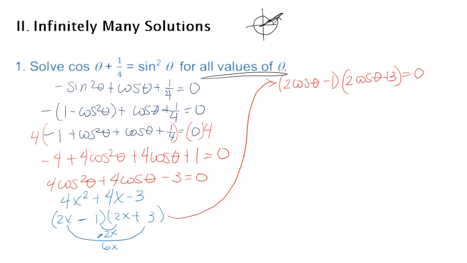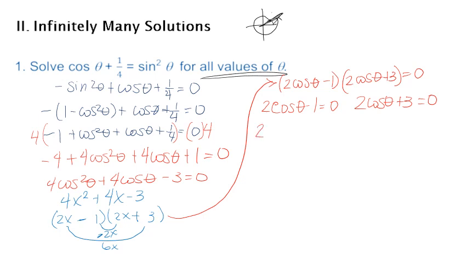So set each of those factors equal to 0. So 2 times the cosine of theta minus 1 is equal to 0, and 2 times the cosine of theta plus 3 is equal to 0.